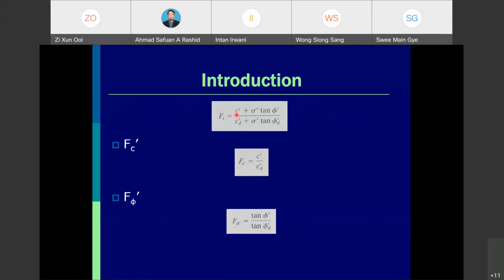So the factor of safety is the ratio between tau F and tau D. For example, we have the ratio FC, which is c prime over c prime D. For this approach, FC and FP we may discuss later on.